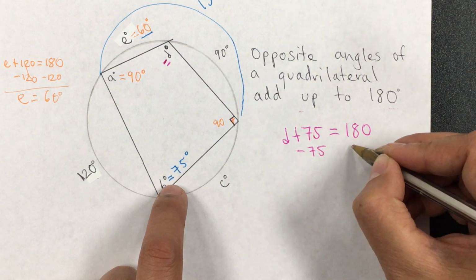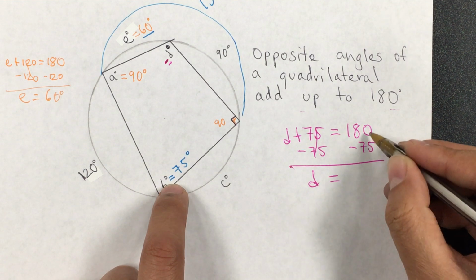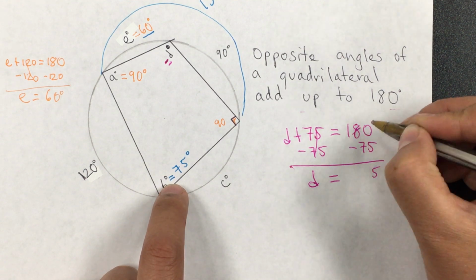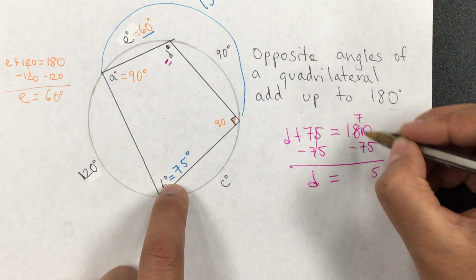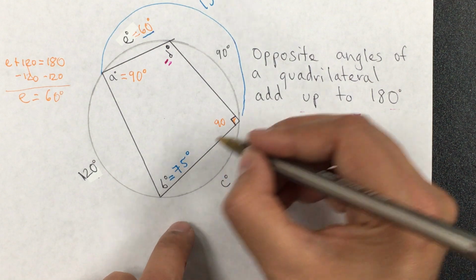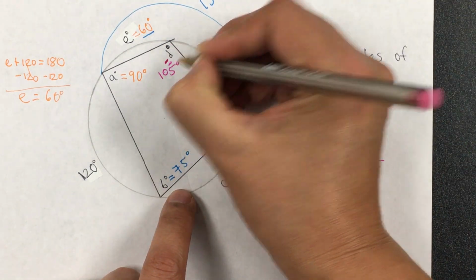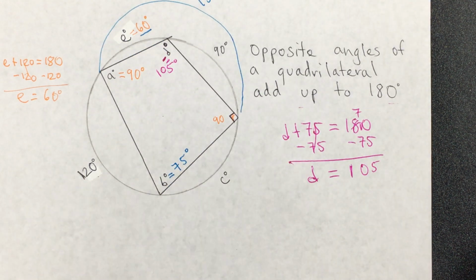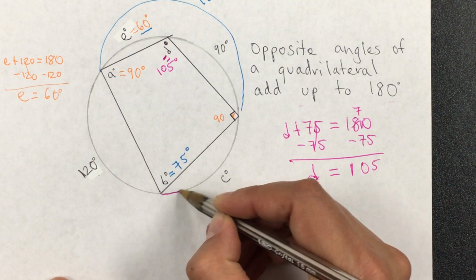If I subtract 75 from both sides, D equals, this borrows. So 10 minus 5 is 5, 7 minus 7 is 0, and you just bring down the 1. So D is 105 degrees.